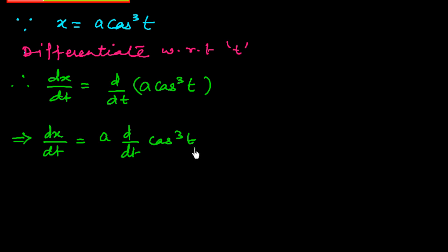Now we have to apply the chain rule. Let u is equal to cos cube t and v is equal to cos t.